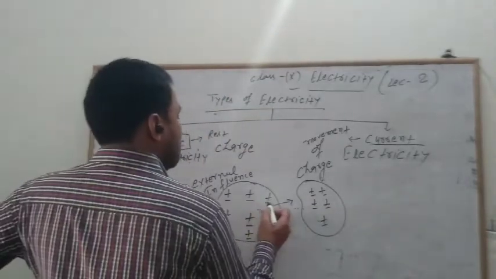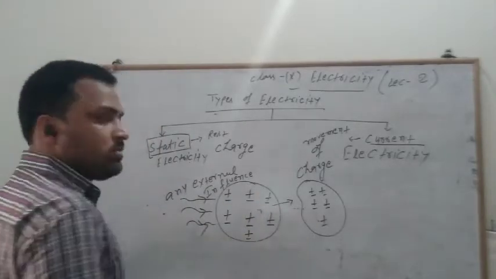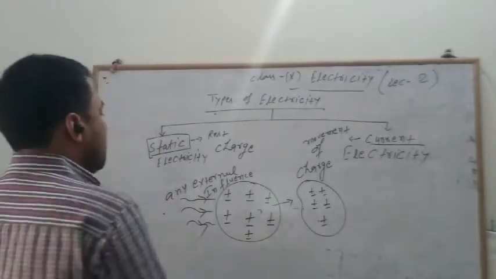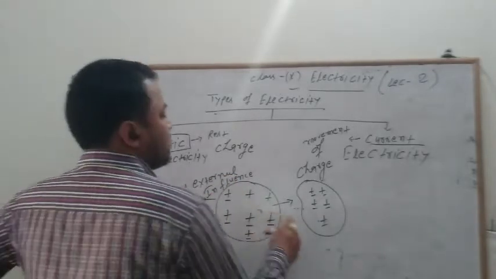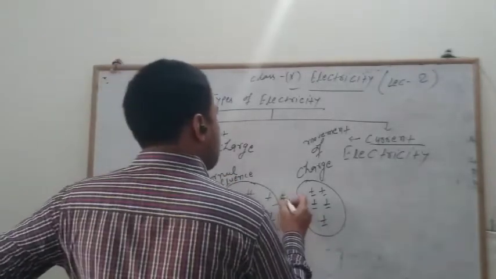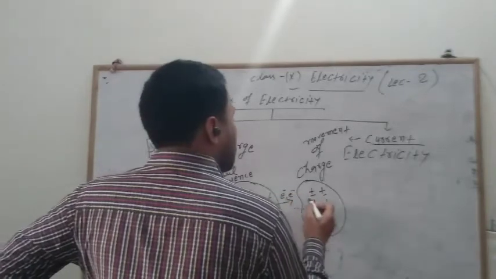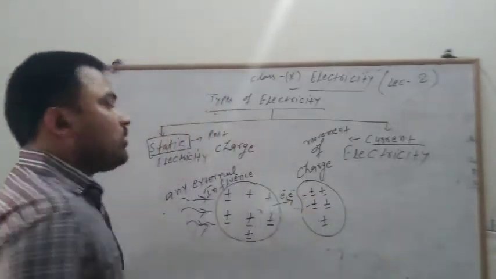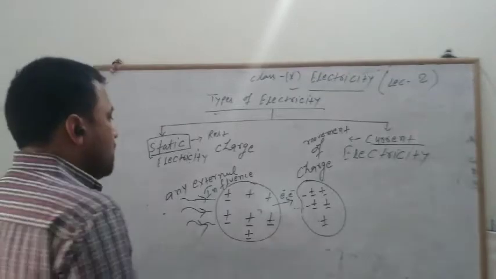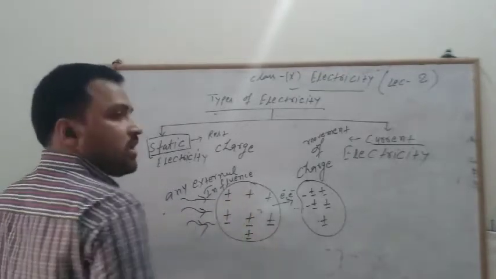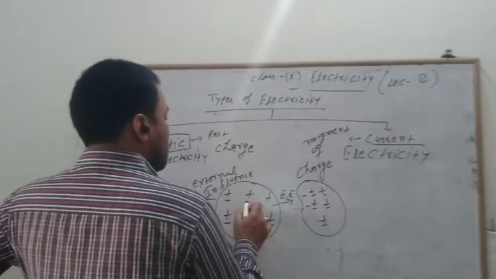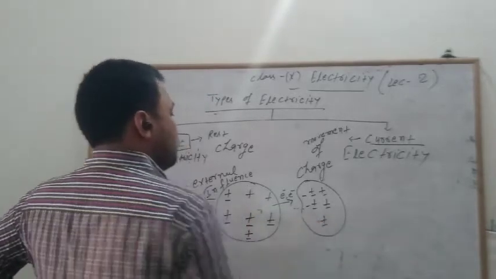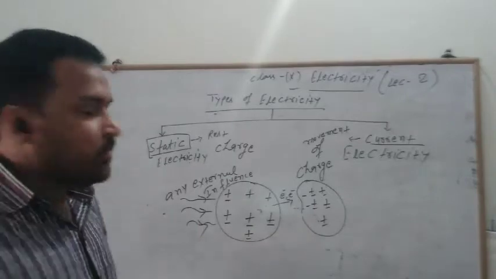Initially these systems have an equal number of positive charges and negative charges, but now due to an external influence, these two negative charges, that is the electrons, will transfer to that system. Now what happens? Here the positive and negative charges cancel each other, but in this system and in this system there is an imbalance of charge.